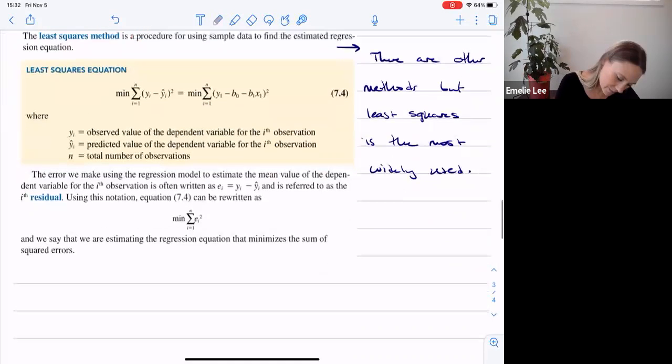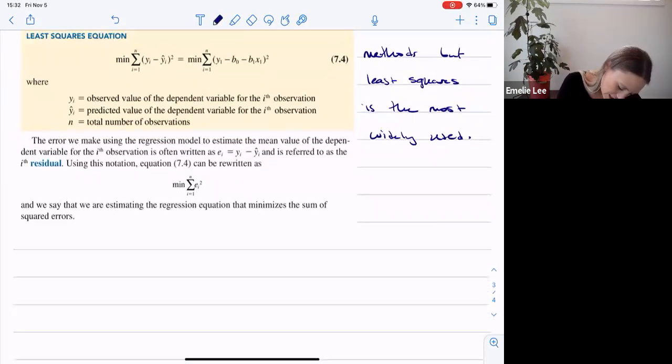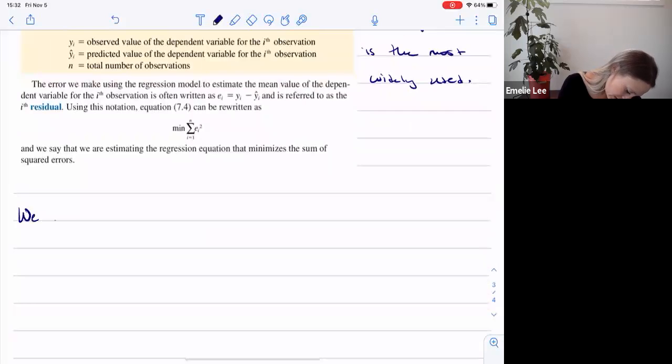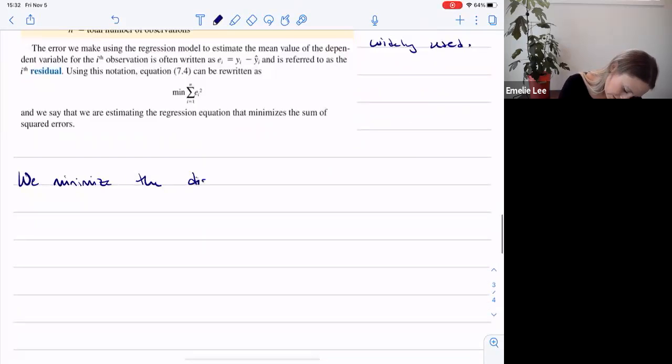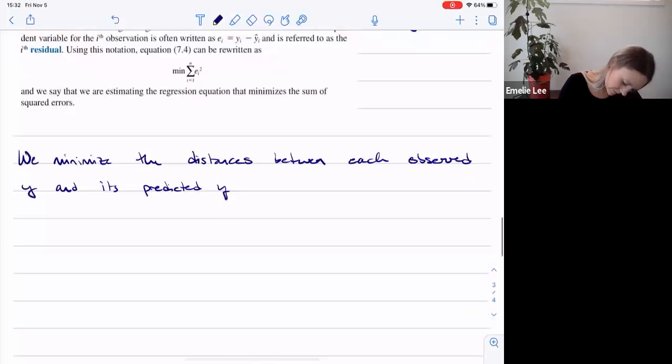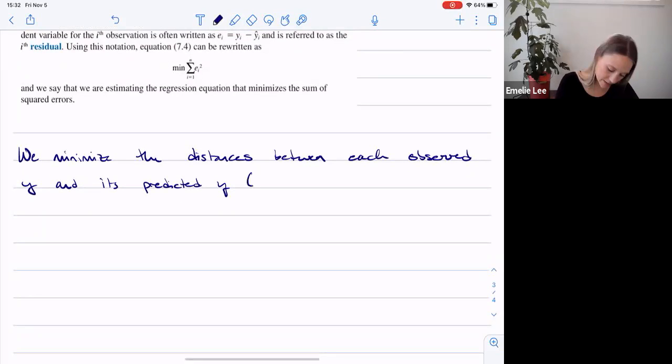And so here, let's write a little note. We minimize the distances between each observed y and its predicted y, which is your y hat, right? Predicted y is your y hat.